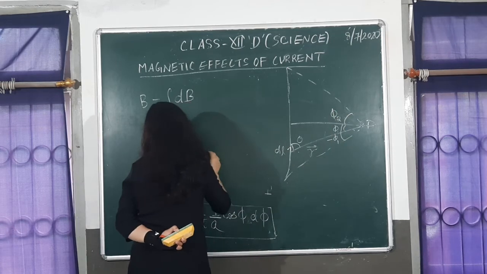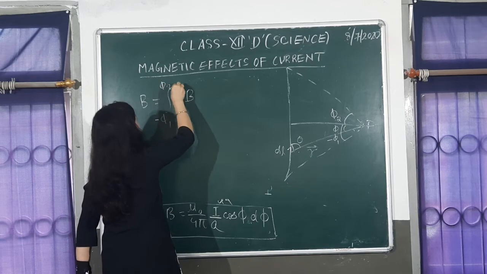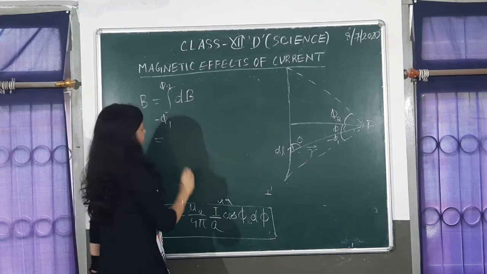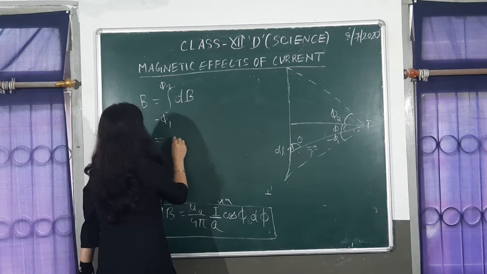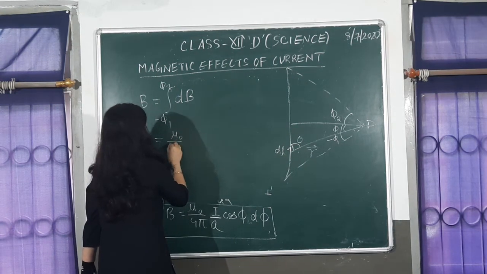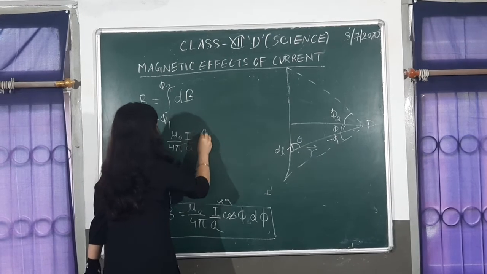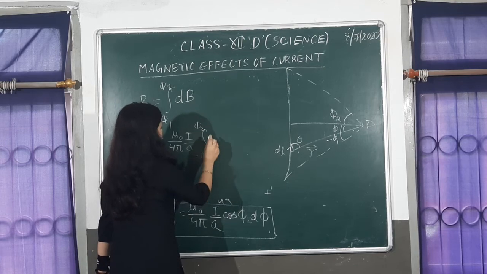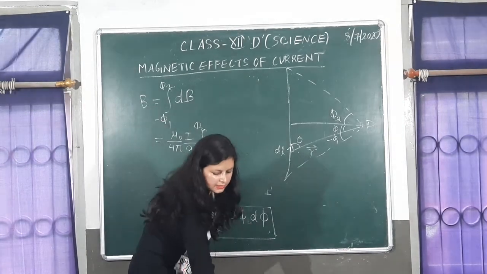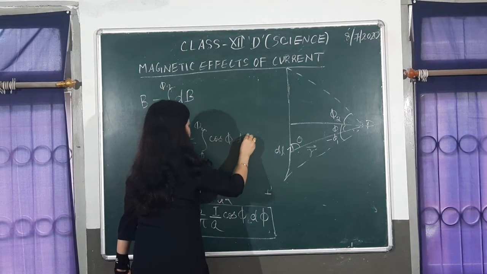So the integration limits will be minus phi 1 till phi 2. Rewrite dB. You will get mu naught by 4 pi constant, I by A constant, integration minus phi 1 to phi 2, my dB was equal to cos phi d phi.